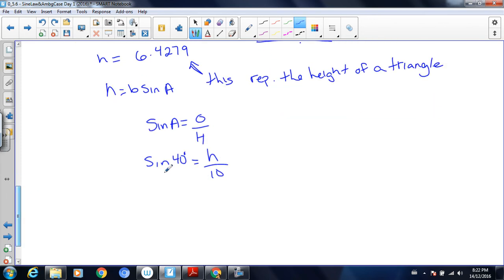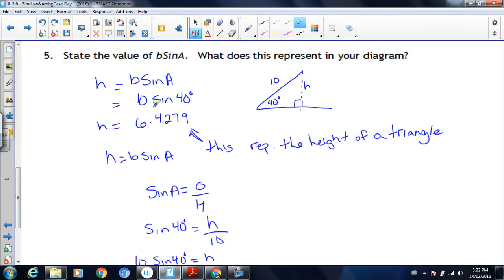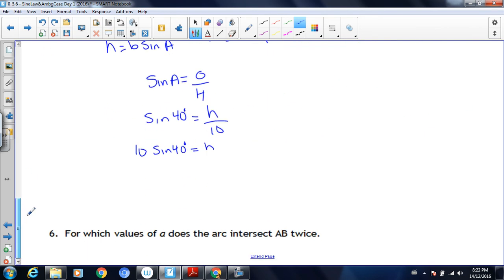If I rearrange this, this would be 10 times sine 40 equals h, which is what we did right here. Remember, this is side B and this is angle A. So anytime you want to find the height of a triangle, you can do B sine of angle A to find the height. Very important. That's something you need to remember.